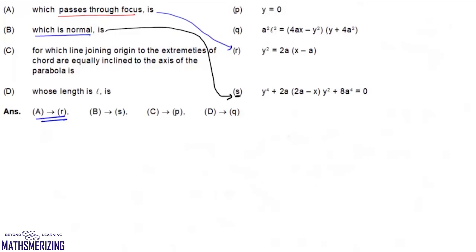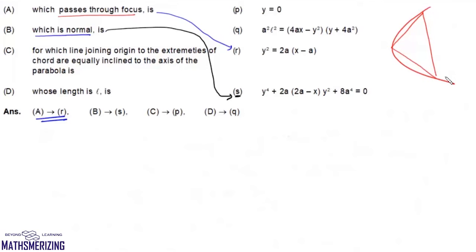Now the third question is, we need to find locus of midpoint of chord for which line joining origin to extremities of chord are equally inclined to the axis of parabola. So we have this chord, and line joining these extremities, they are equally inclined to coordinate axis.